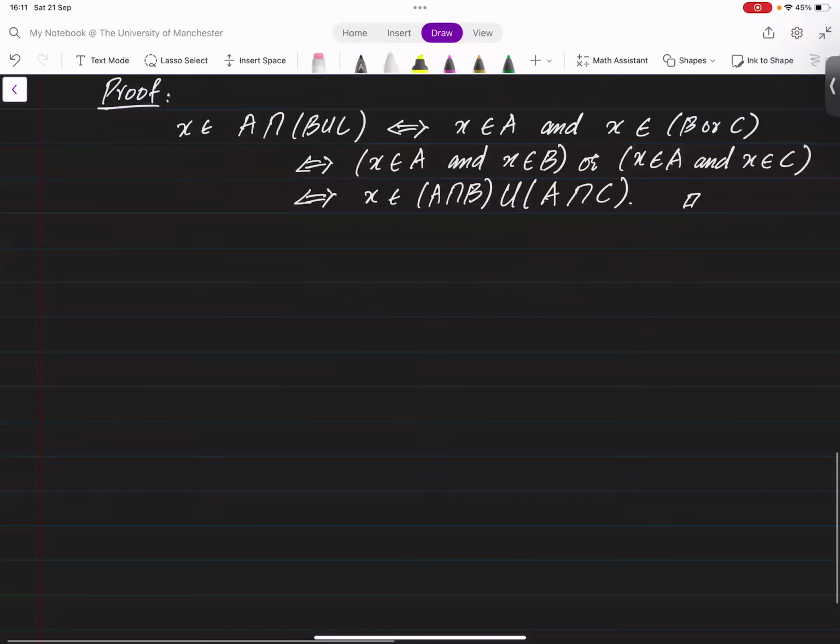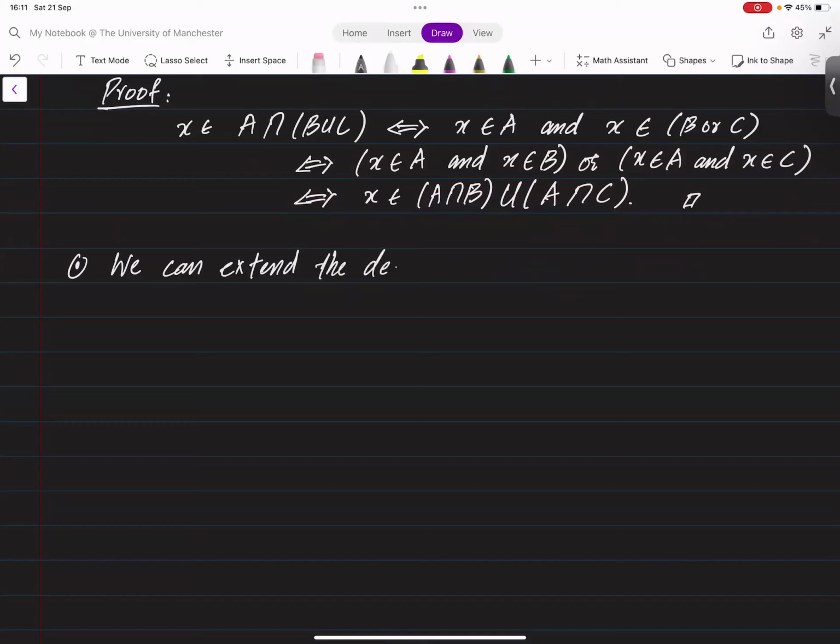Now we can extend the definitions of union and intersection to many sets.